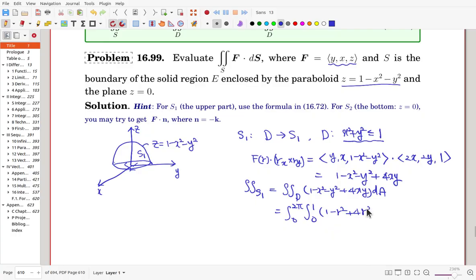So there's r squared cosine theta sine theta, and we have to have a scaling factor r, dr d theta.